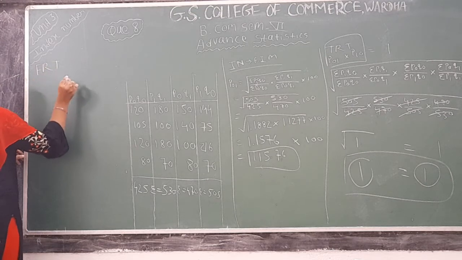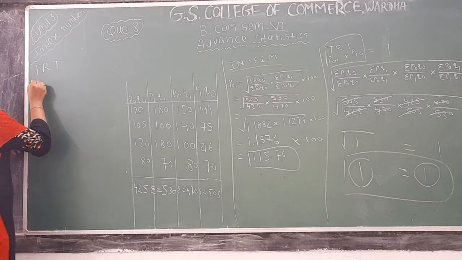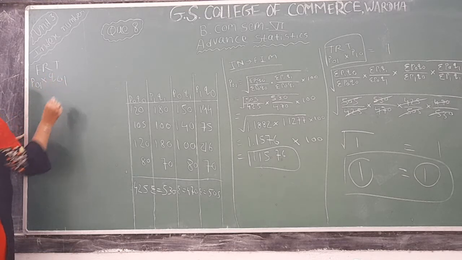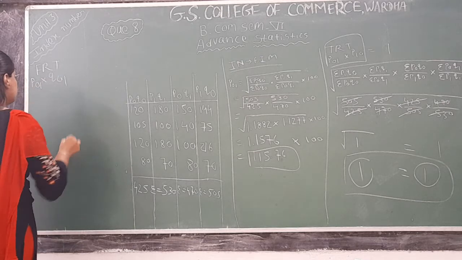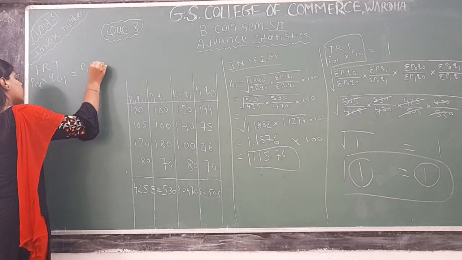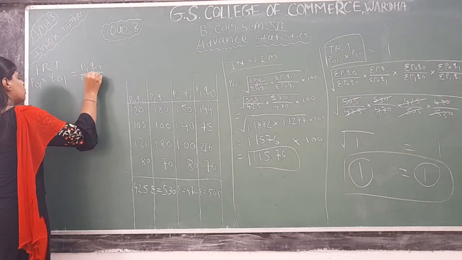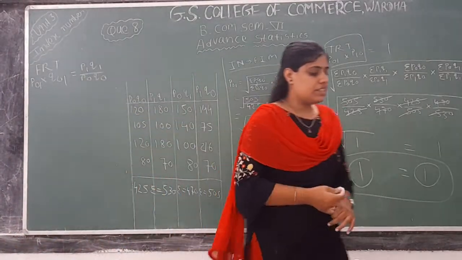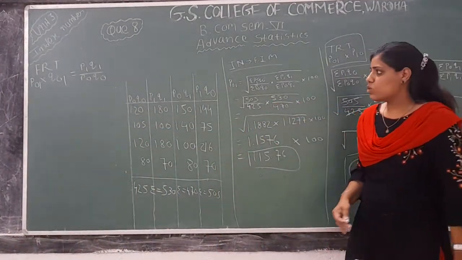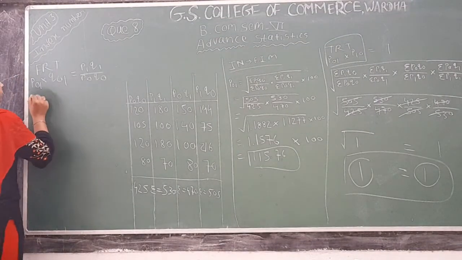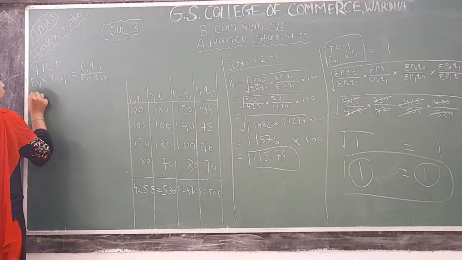FRT would be satisfied if P01 into Q01 is equal to P1 Q1 upon P0 Q0. If this condition gets satisfied, then we will say that the factor reversal test has also been satisfied. So how do we find P01?